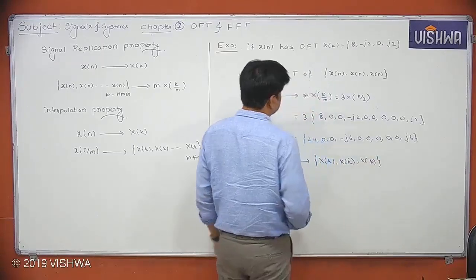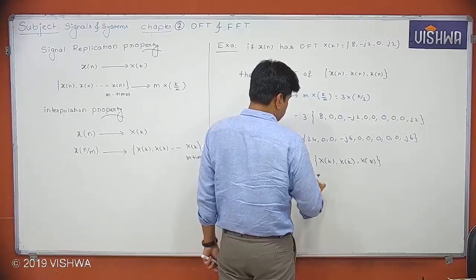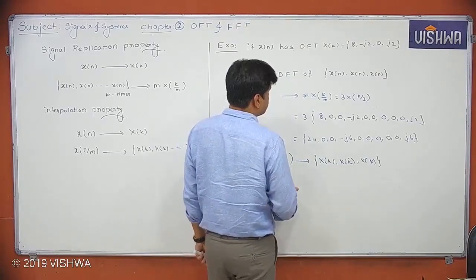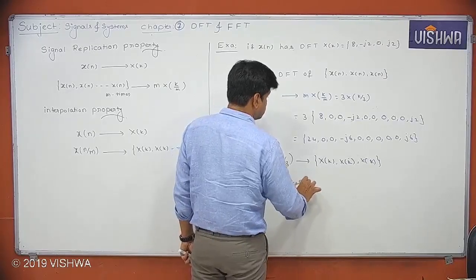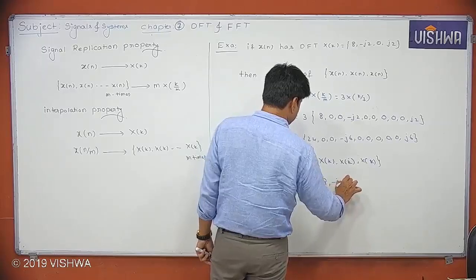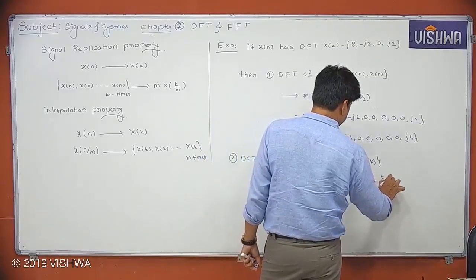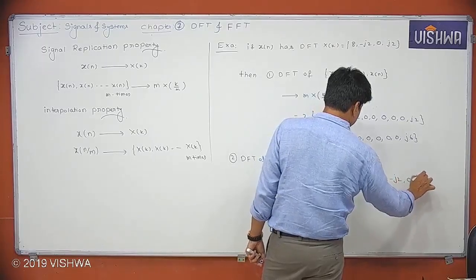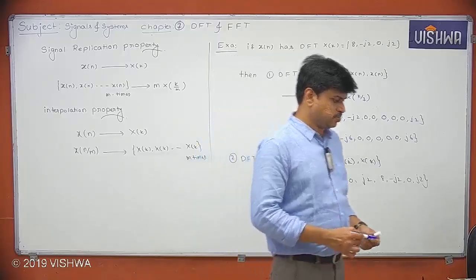So we have to write it 3 times. It's going to be a little bit big. 8, minus j2, 0, j2, 8, minus j2, 0, j2, 8, minus j2, 0, j2. So this is the answer. Clear? Take it.